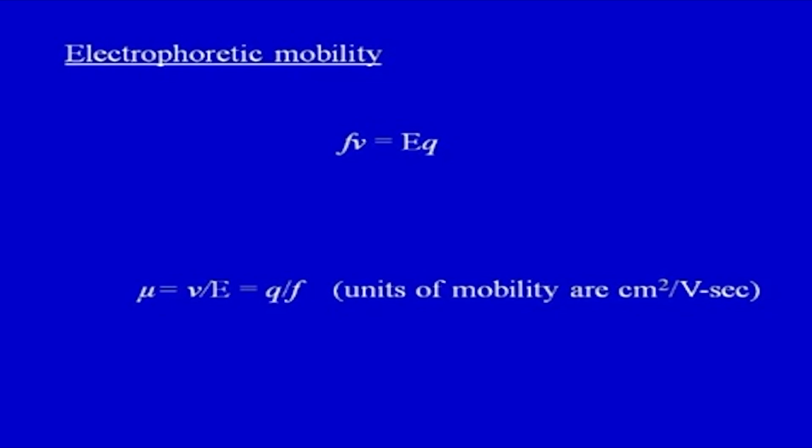Now, the more common term utilized for the migration of a charged particle is electrophoretic mobility. As the ion accelerates, a frictional force opposes the forward motion. In the beginning, when a charged particle is put under the influence of an electric field, it moves towards the opposite electrode and accelerates, but as it accelerates, a frictional force comes into existence and opposes the forward motion of the charged species.